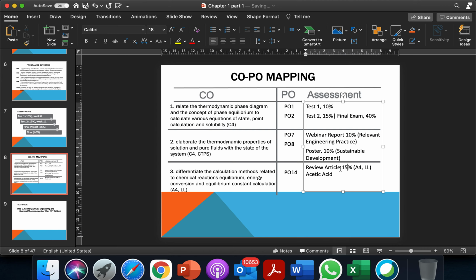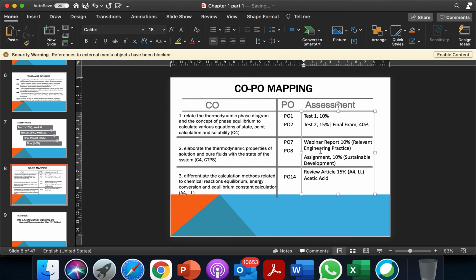If you could not really do that, maybe I can bargain to reduce it more and increase this one. Maybe I can just put this as an assignment, which includes the poster and so on.